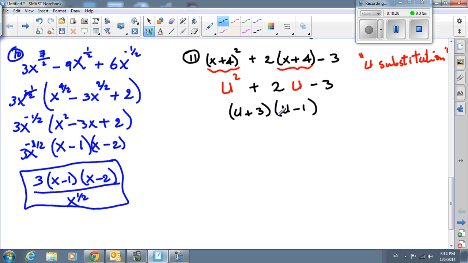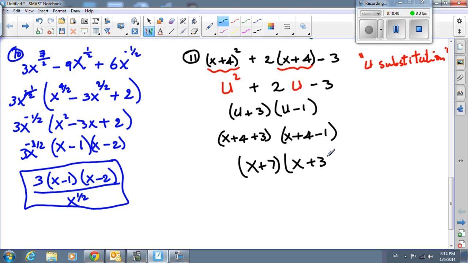Since U was not given at the beginning of the equation, I will substitute it back into the equation, and this is actually x plus 4 plus 3 and x plus 4 minus 1, x plus 7 and x plus 3. Oh, why did I put 4 here? That'll be x plus 7 and x plus 3.